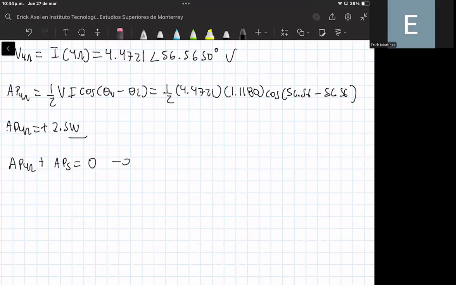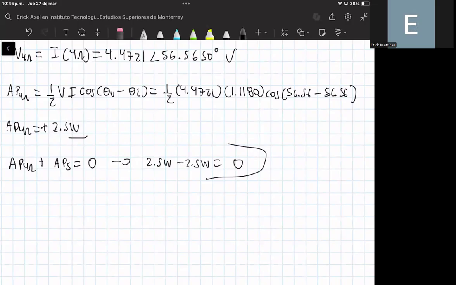We have 2.5 watts, and the average power of the source is minus 2.5 watts, and this is equal to 0. This is the way in which you can check if your results are correct. The sum of the average power of all the elements in the circuit should be equal to 0, a condition that must be met, because the energy needs to be consumed by some element.